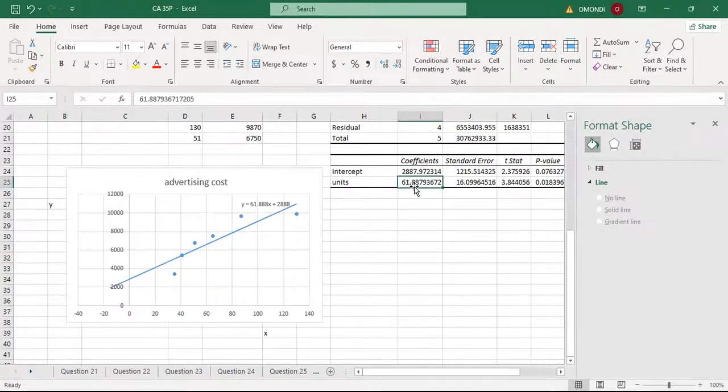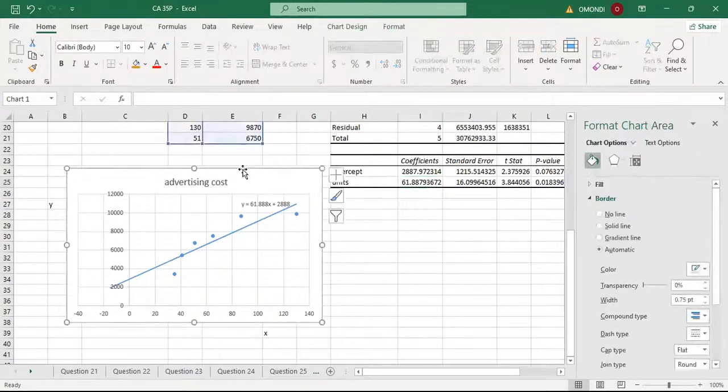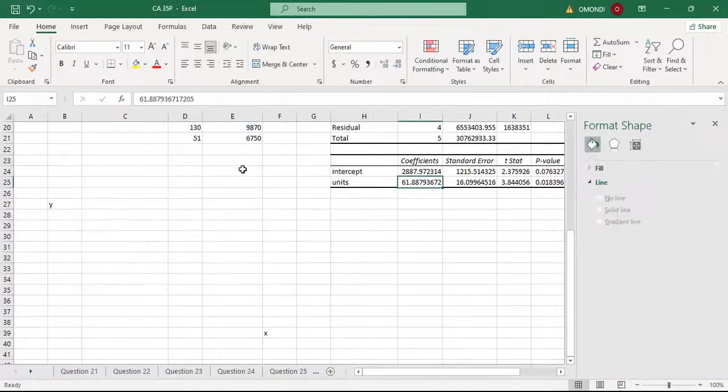This one here is the value of B, the variable cost per unit, that is 61.88x. They have only changed the arrangement, but you are able to see what I am referring to. So if you look at this question, the equation which we are looking for, y is equal to a plus bx, is already formed here. So this one was not what you are supposed to do.